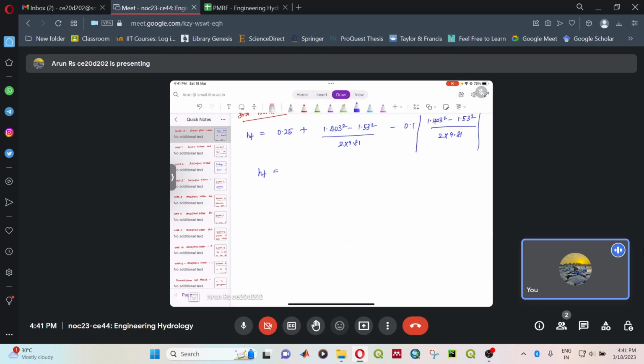HF in this case is 0.229 meters, and we can determine Q again.